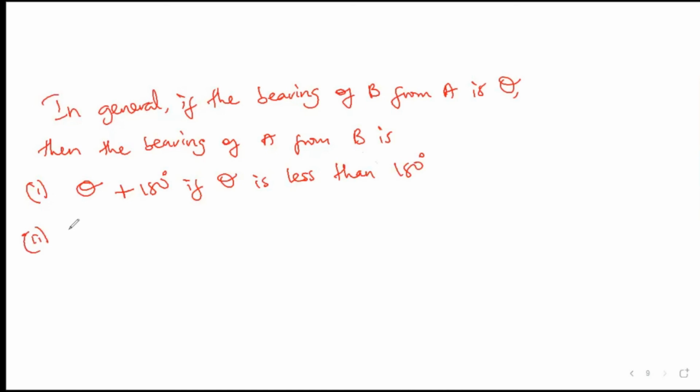And second, angle minus 180 degrees if the angle given to us is greater than 180 degrees. So if the angle given to us is less than 180 degrees, you add it to 180.